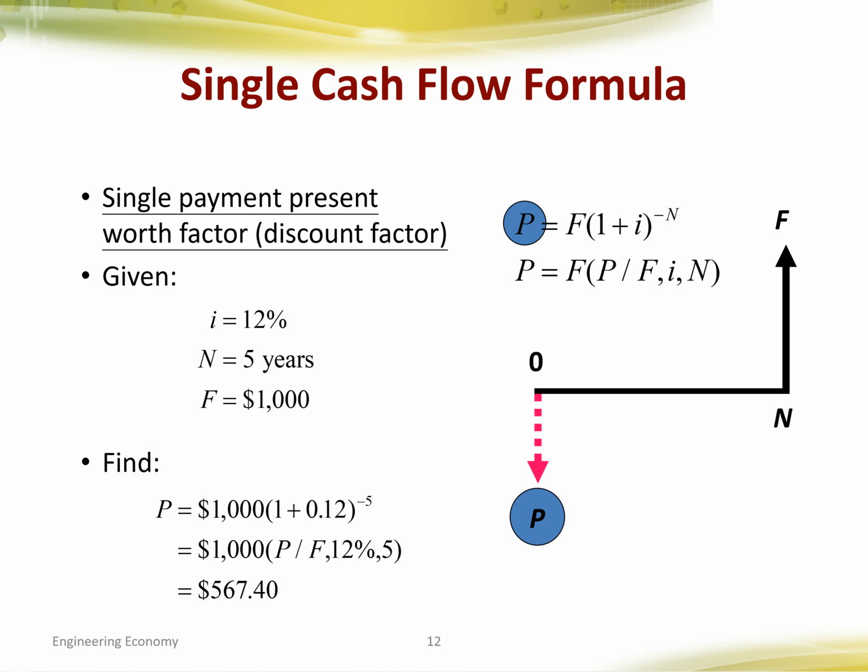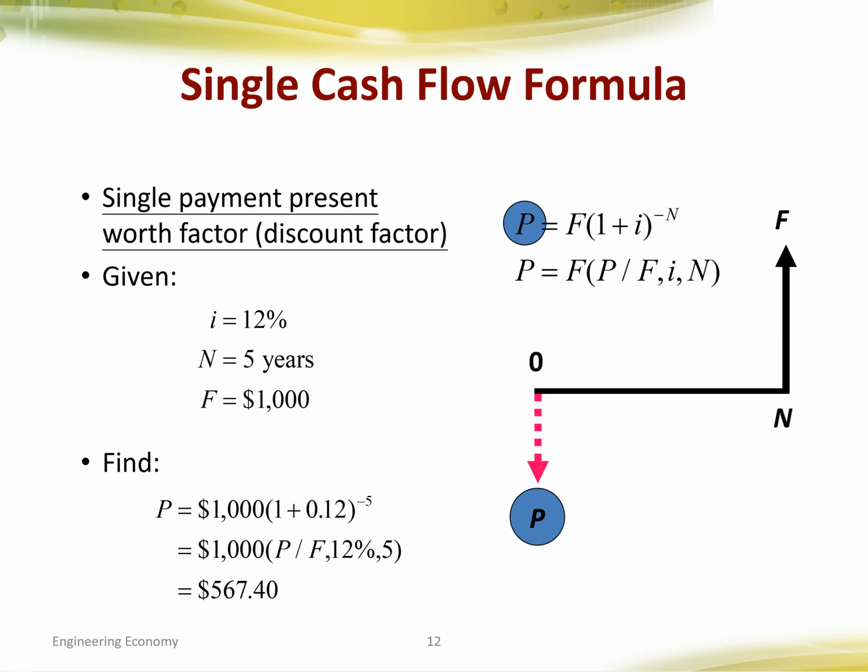And reversely, if we are at the future, we want to know its present value. Okay. So rather than given P find F, now we have given F find P. And we can just take the equation from the previous slide and move it to the other side. So now we have P equal to F times 1 plus i to the minus nth power.